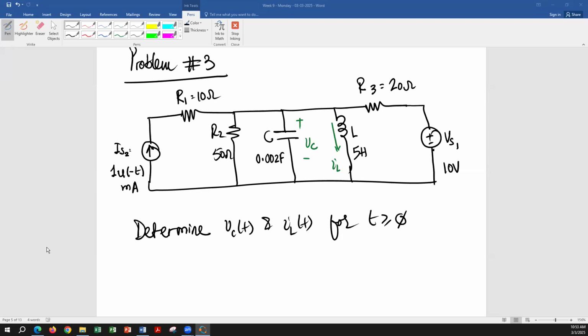Inductor is shorted. It's t less than 0. Circuit is running. Inductor is shorted. Capacitor is open.